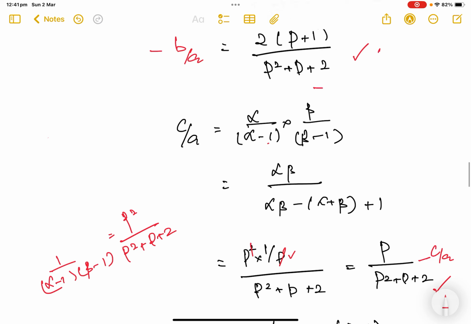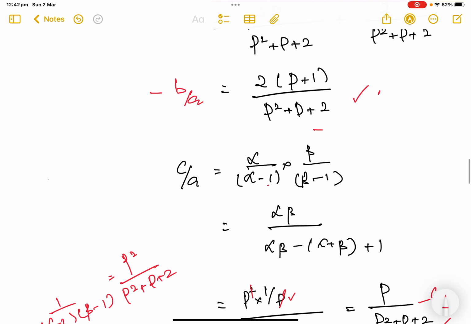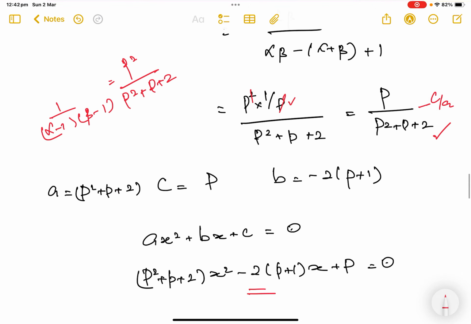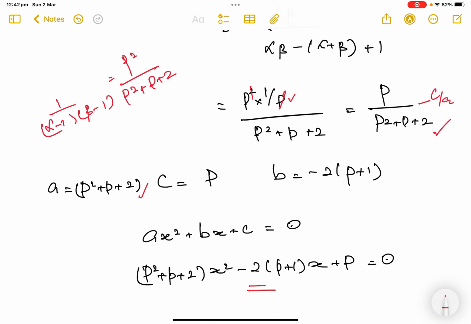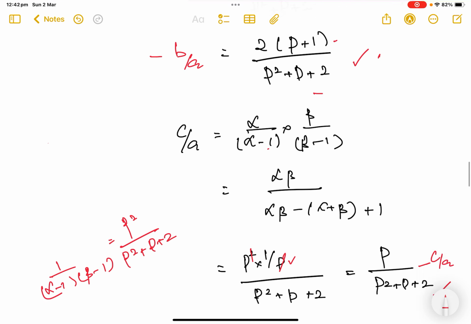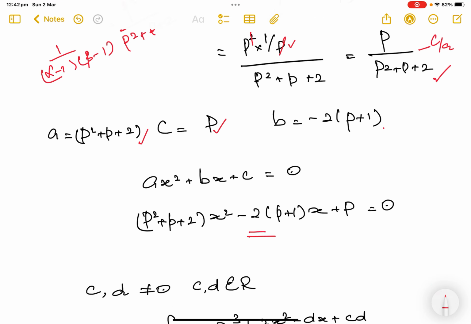If you look at it, the denominator is p squared plus p plus 2. So A is this. Then C over A is p, comparing it. So B here, 2 times p plus 1. So we know A, we know B, we know C.